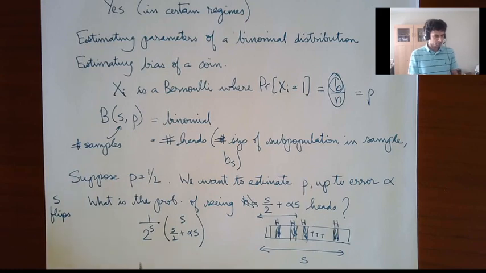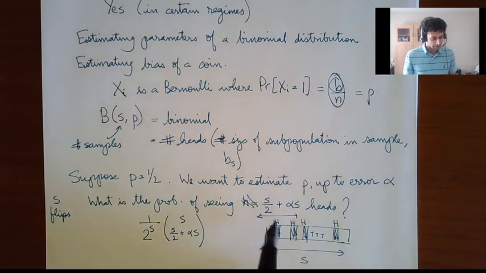Does this make sense? Please ask me questions at this point so that I can clarify this. This is the probability of seeing exactly S over 2 plus alpha S heads.